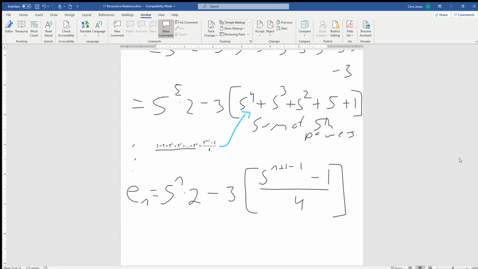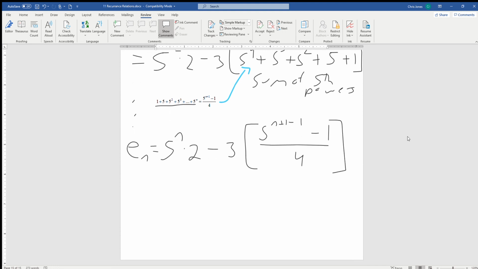We can simplify this algebraically, and we're going to. So that's going to be equal to 5 to the n times 2 minus 3/4 5 to the n, distributing that through, and then plus 3/4, distributing -3 to -1, dividing by 4. Finally, we can simplify by combining like terms.